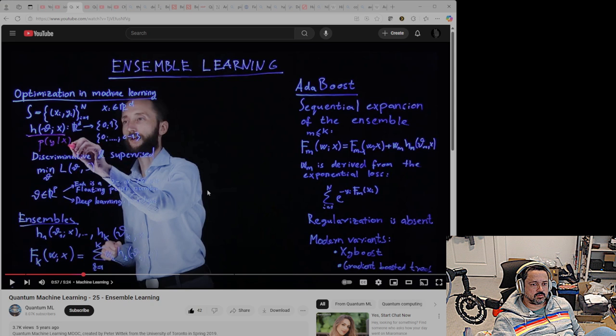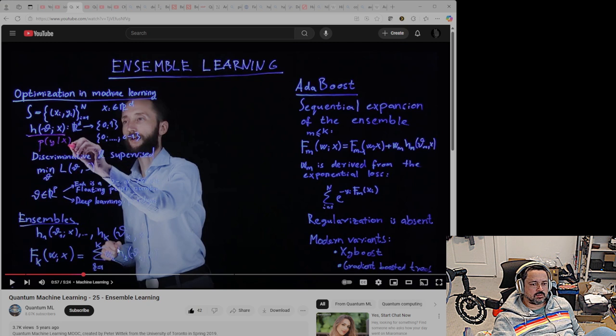Real numbers between 0 and 1. Discriminative, supervised. Min over theta of L, a loss function to minimize. Q belongs to real numbers to P. Can't read that. Deep learning.